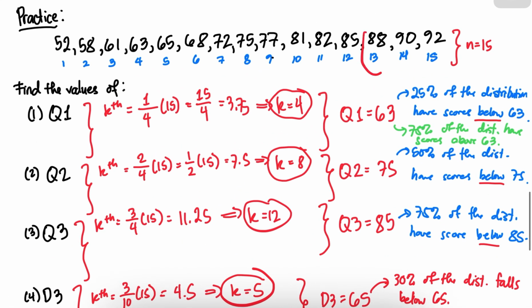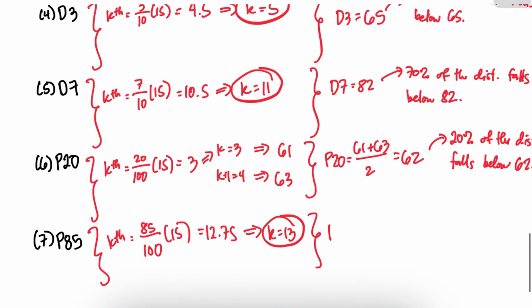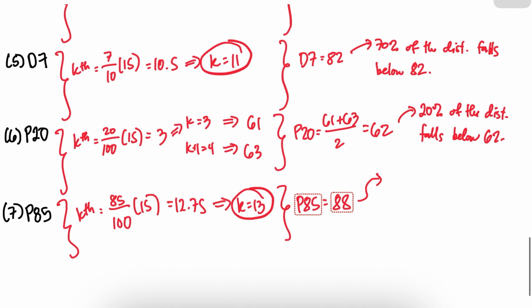The 13th value is 88. Let's go ahead and write that. So P85 is equal to 88. Giving an interpretation for that because that's important, meaning 85% of the students falls below the score of 88.